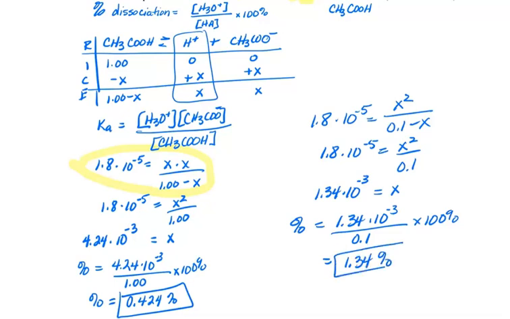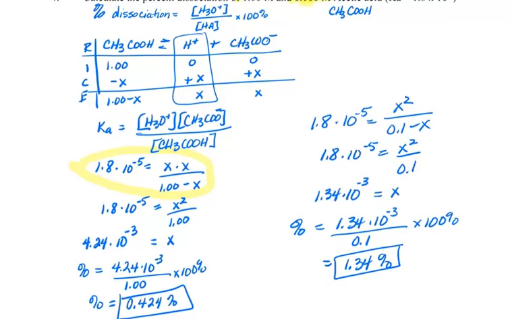Finish that out and I get 1.34%. So if you have a 1 molar solution, only 0.4% of it dissociates. If you have a 0.1 molar, less concentrated, with less species there, you have 1.3%.